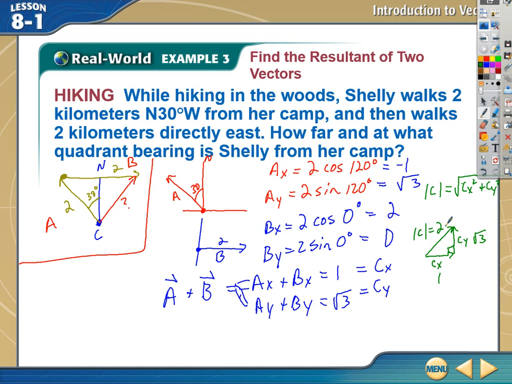Boom. Last but not least, what angle is she at? How do I find an angle? Back to trig, sorry, it's true. I take inverse tangent.